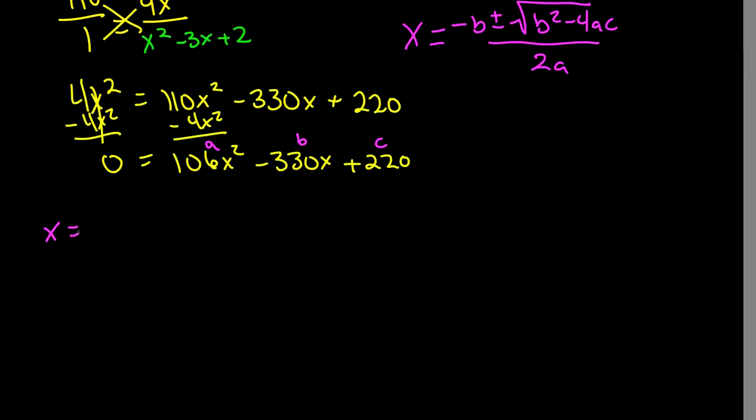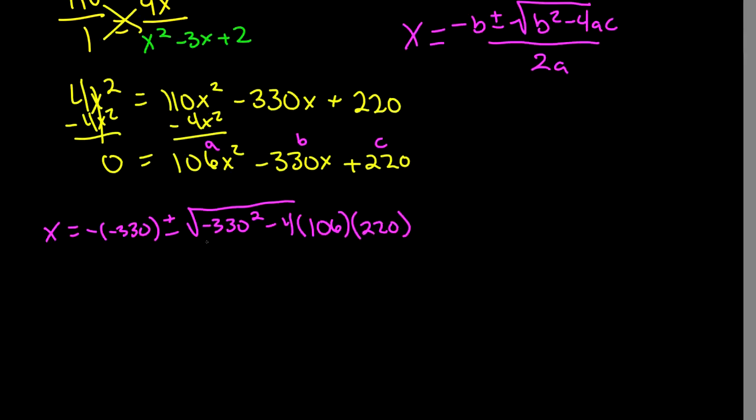So x equals negative b. B is negative 330, so negative negative 330, plus or minus the square root of b squared, so negative 330 squared, minus 4 times a, which is 106, times c, which is 220, over 2a, so 2 times 106. Now let's simplify this down.